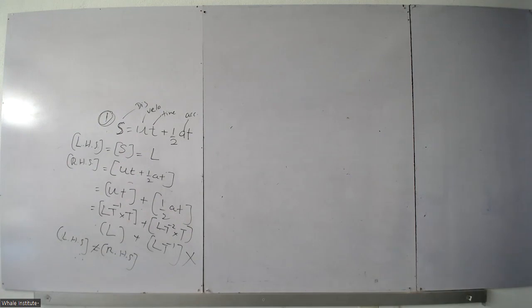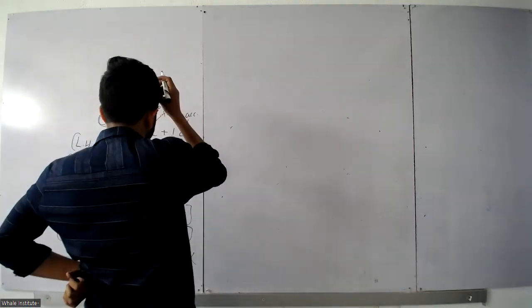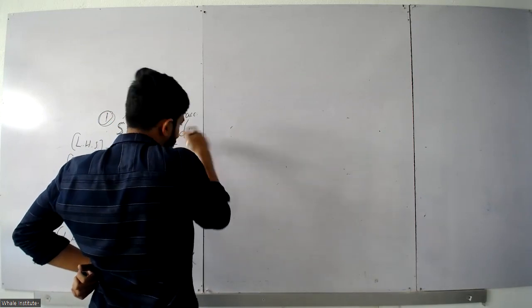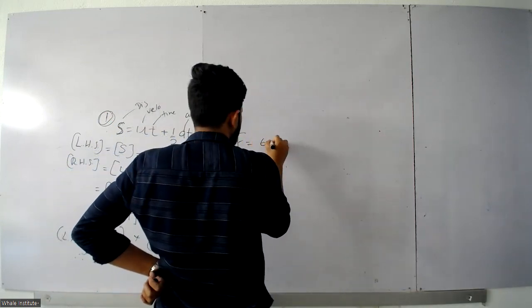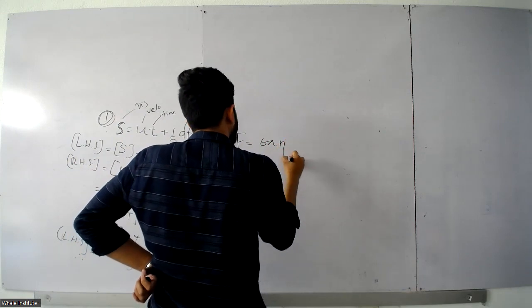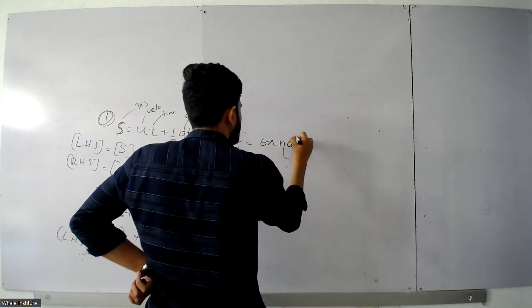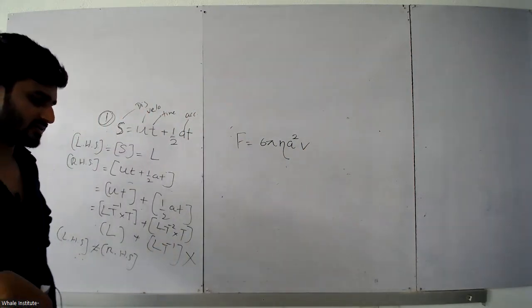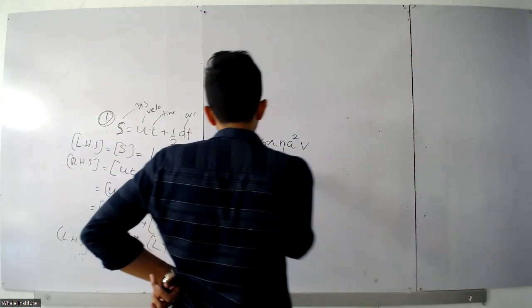As an example, the equation is F equals 6 pi eta a b.